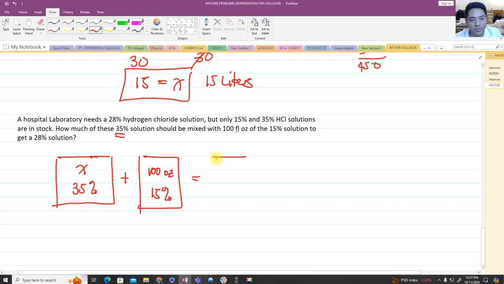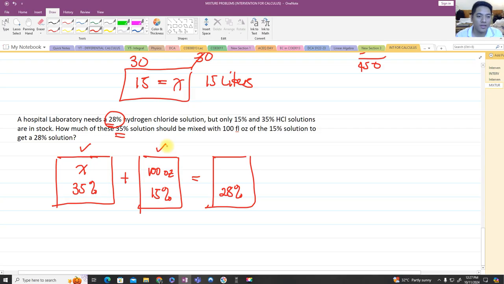So the result, what the problem needs, is a 28% hydrogen chloride solution. That is what is being mixed, right? And we know that we are given x here and 100 here.